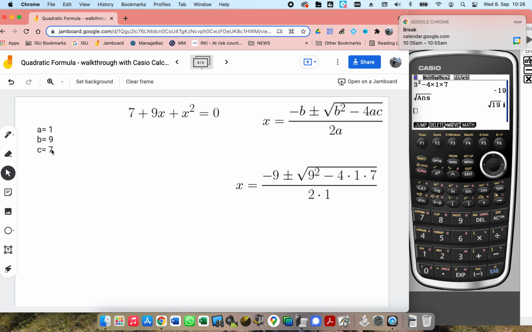If you work that out, you get x is equal to minus 0.859 or minus 8.14. Okay, so just a bit, they're not always written in that order. Mostly are, but not always.